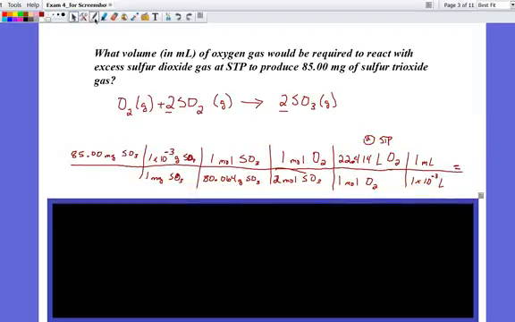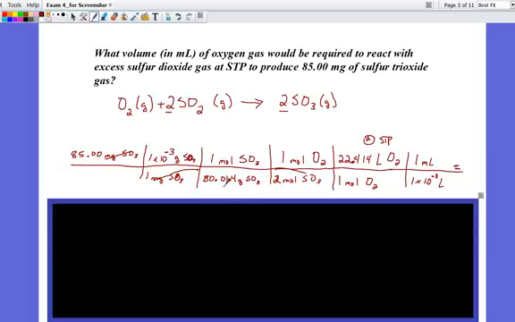So here you have your 85.00 milligrams that you're starting out with, and that's very important. Your milligrams starting out, and right away you need to convert that to grams. So that would cancel out, and you'd be in grams of the sulfur trioxide. Now you convert the grams to moles using your molar mass from the periodic table.